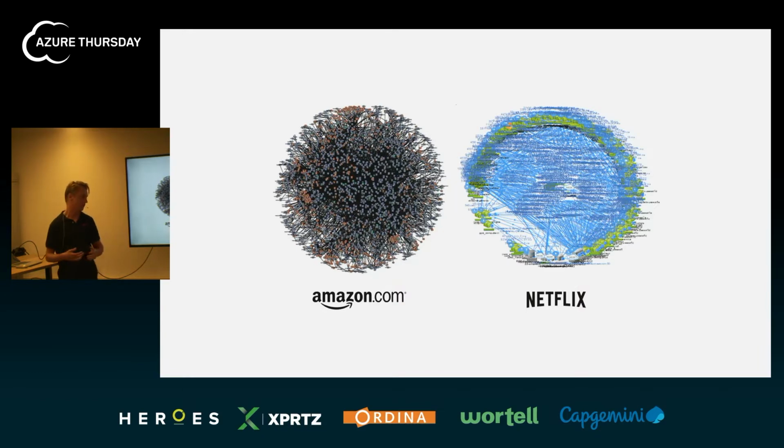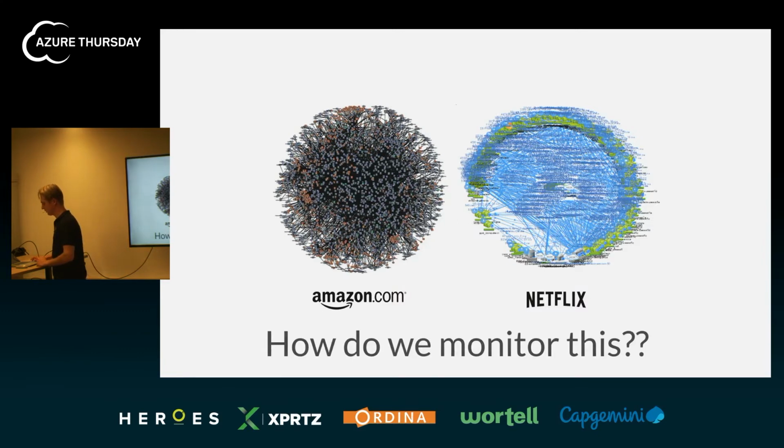As you can imagine, it becomes harder and harder to implement this PRTG monitoring system on these kinds of systems, because it's just not possible to look at all those interrelationships, all the dependencies in those kinds of networks. So the big question becomes, how do we monitor this?